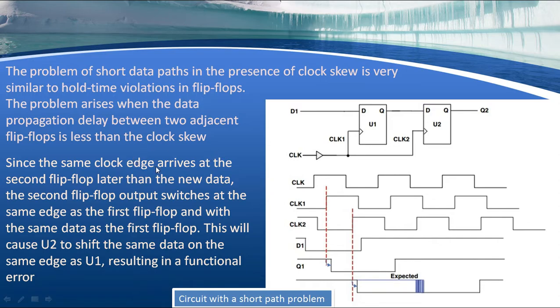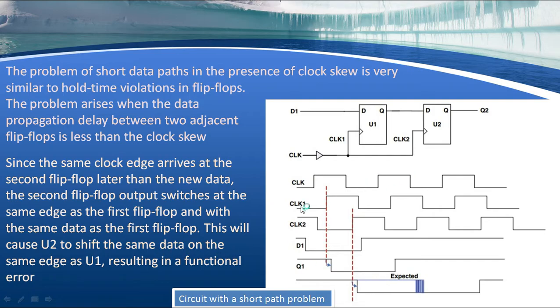Why? The same clock edge arrives at the second flip flop later than the new data. The new data arrives here. The second flip flop output switches at the same edge as the first flip flop and with the same data as the first flip flop.